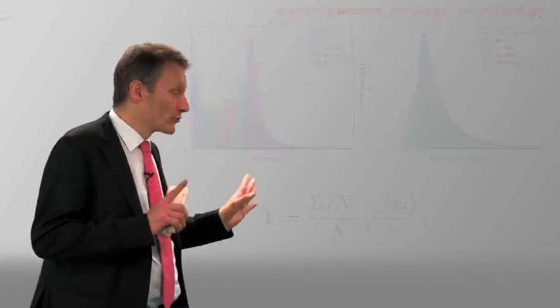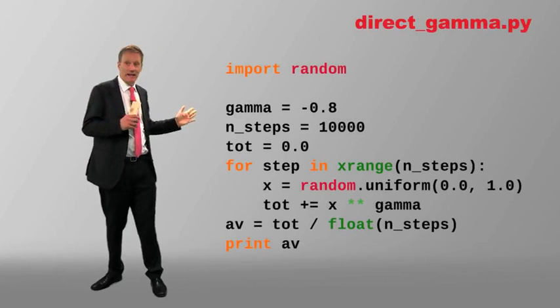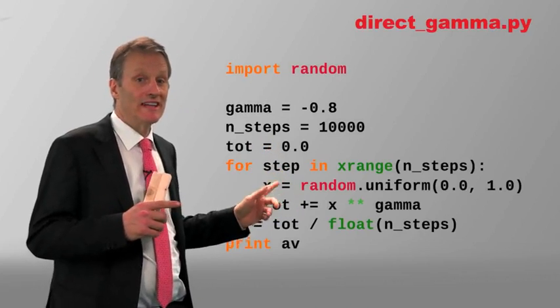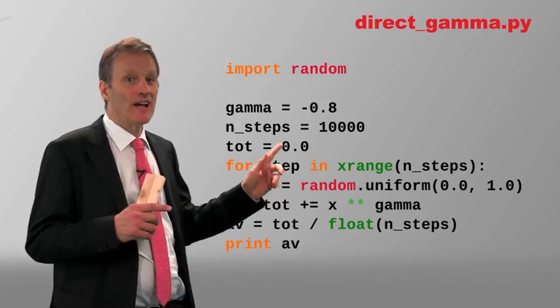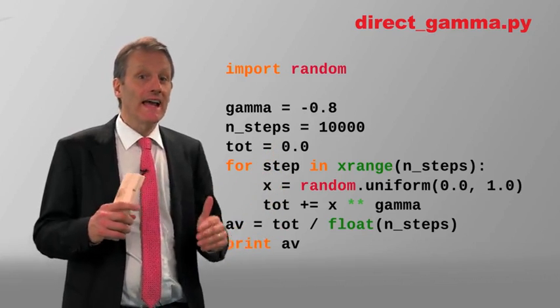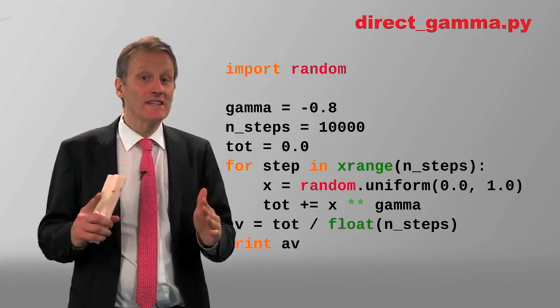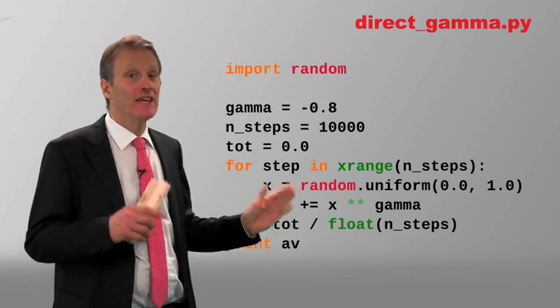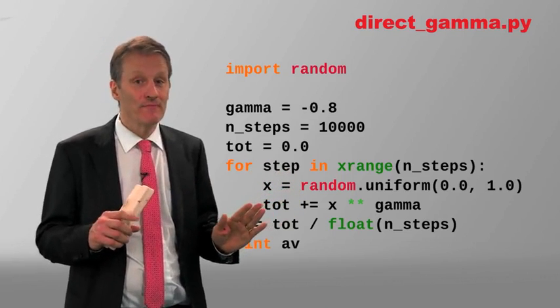So before concluding this lecture and this whole lecture series, please take a moment to download, run and modify the programs we discussed in this section. There was direct gamma.py, the program that was supposed to compute the integral dx x to the gamma between 0 and 1, and that had a lot of problems doing this for gamma between minus 1 and minus 0.5, even though the integral existed.